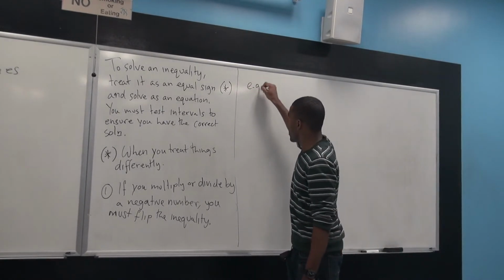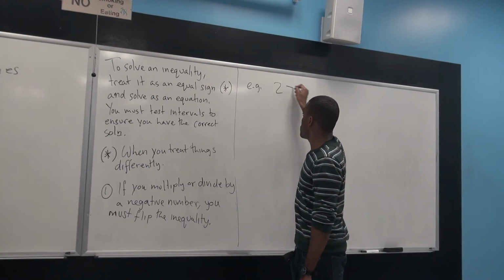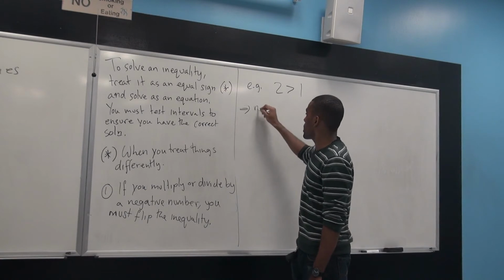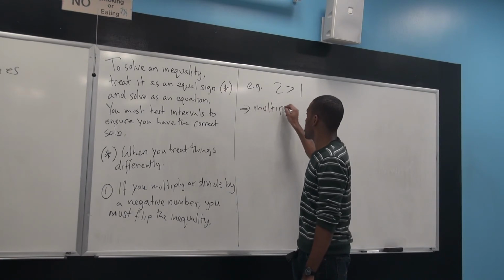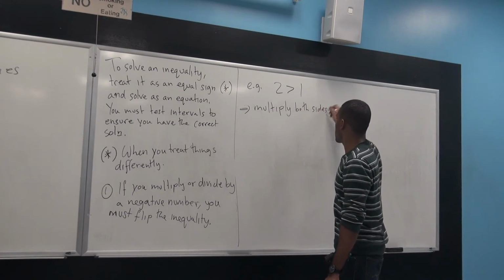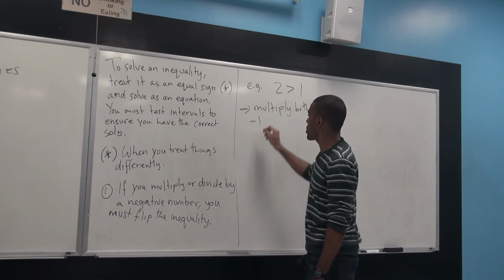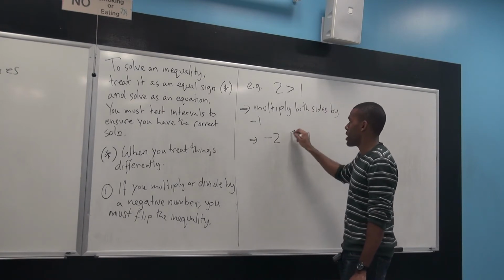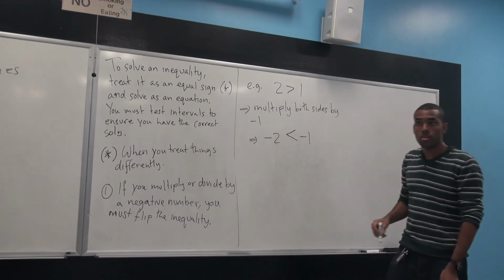So for example, if I say 2 is bigger than 1, which is true, if I multiply both sides by negative 1, then this would be minus 2 and minus 1. I will have to actually turn this around, right?